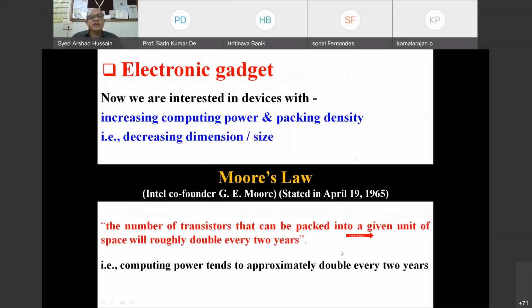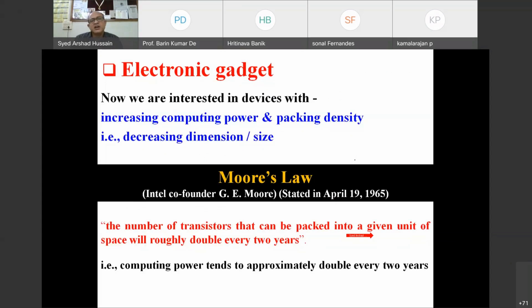Sorry. Okay, so whenever we talk about electronic gadgets, we are always interested in devices having increasing computing power, and at the same time we want higher packing density. That means we want a device with lower dimensions and increasing storage size.